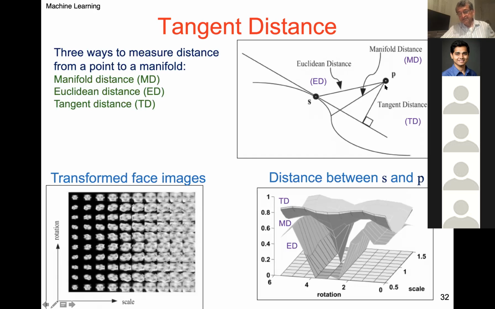And a more reasonable solution is what's called tangent distance, which says, if you have this manifold and you have this one sample of that face, instead of trying to compute the distance to the manifold, draw a tangent at that point and then measure the distance to the tangent.